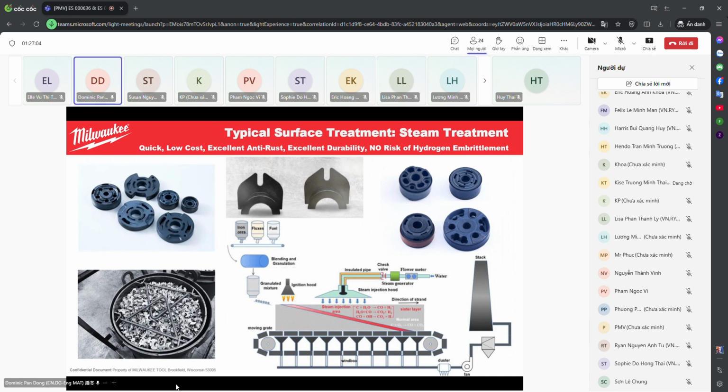Okay, last one. It's about our ES standards for powder metal parts, about the surface treatment. For powder metal parts, commonly we use steam treatment. How to do that? Simple. Just put all the parts in an oven and pump in high-temperature steam.